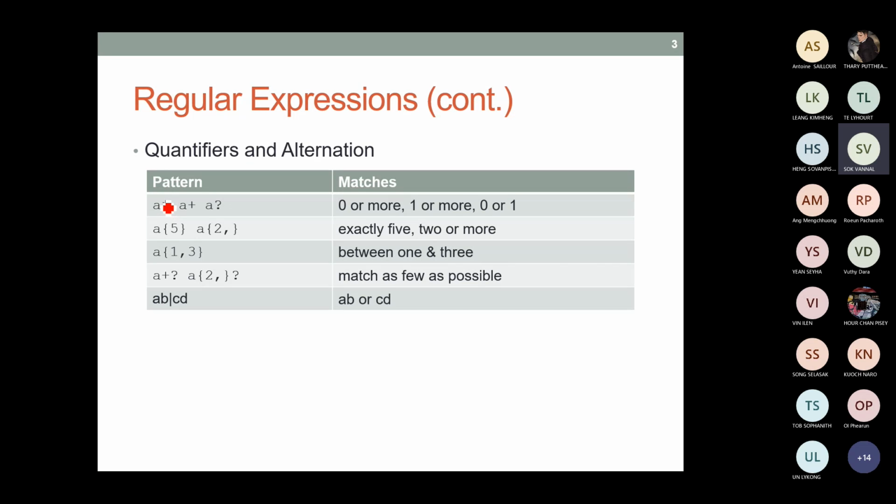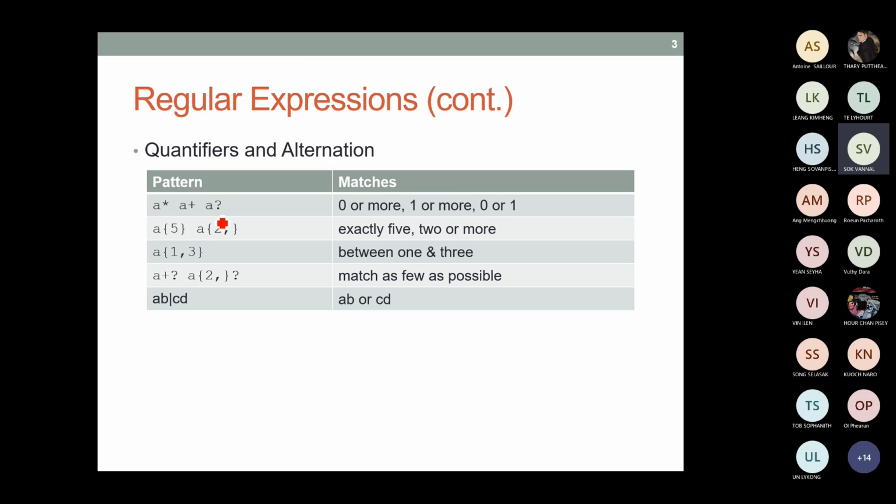Here it represents a sequence of A, and because we put star, we don't have to have an A. It can start from 0 A's. If we want at least one A, we can use plus instead. So star is 0 or more, plus is 1 or more.